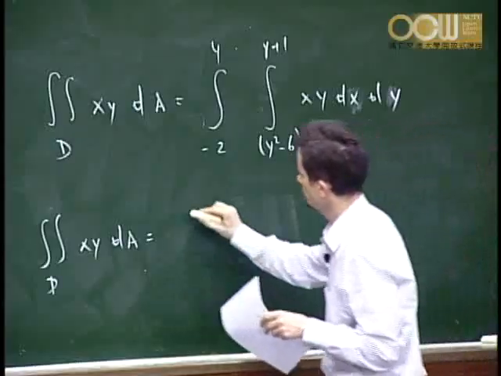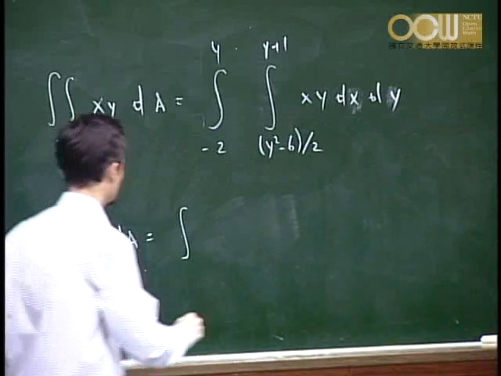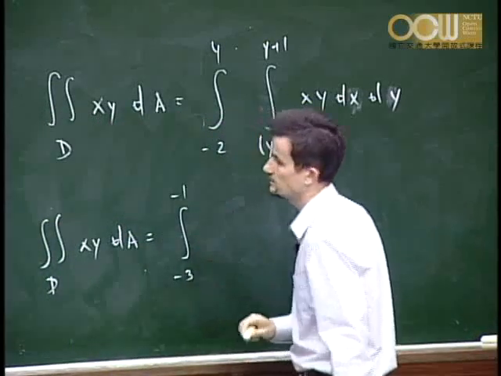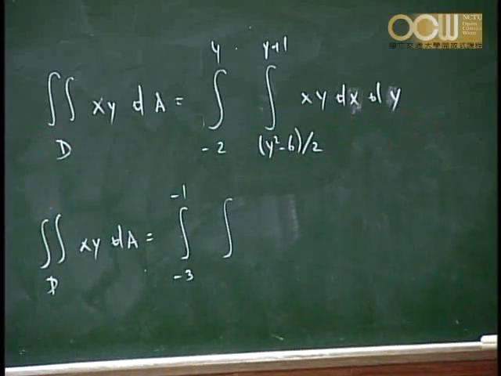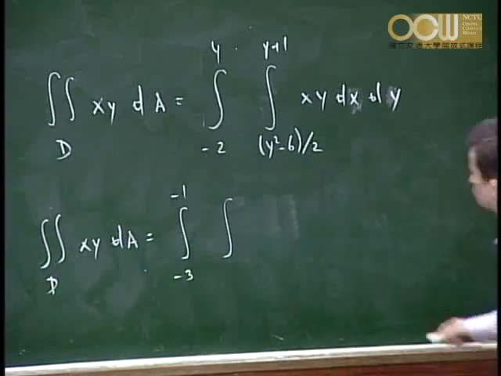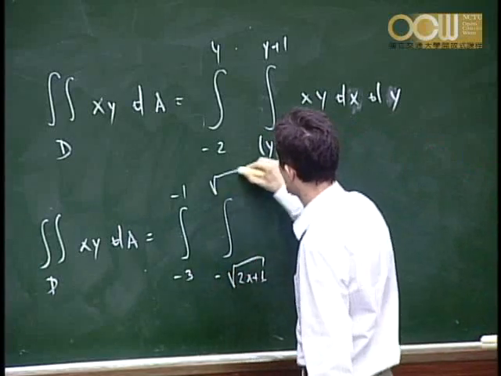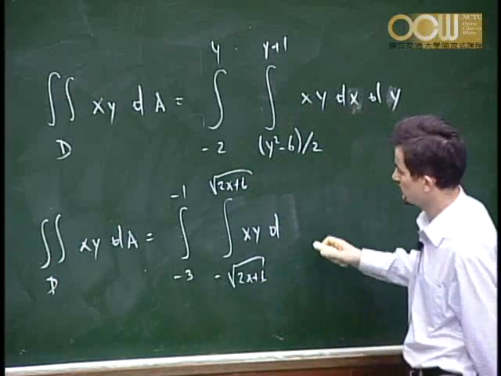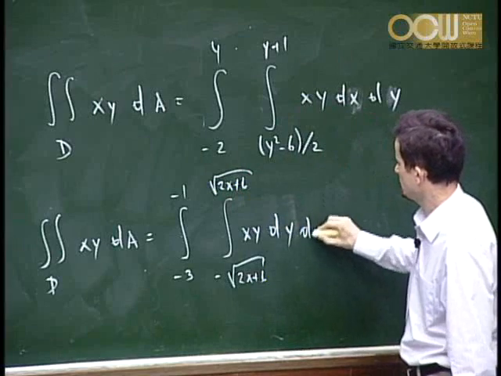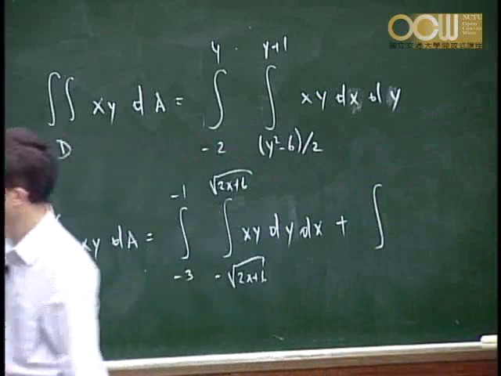would become the integral where first in the x direction you go from minus 3 to minus 1. Then the integral with respect to y goes from minus square root of 2x plus 6 to the square root of 2x plus 6, and then you have x times y dy dx, plus the integral from minus 1 to 5.